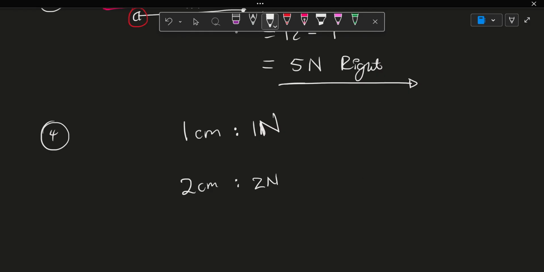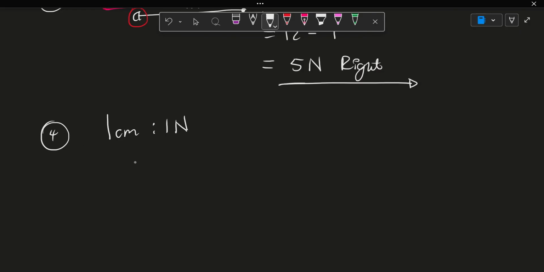I don't really have mine here. In fact, I do have one here, just not on the screen. So I'm just going to use that, right? So I would have 1 centimeter equivalent to 1 Newton. So if I have to draw my vector of 5 Newtons, I'll draw my vector of 5 centimeters.